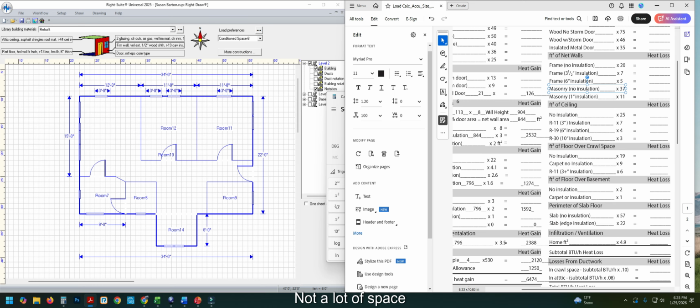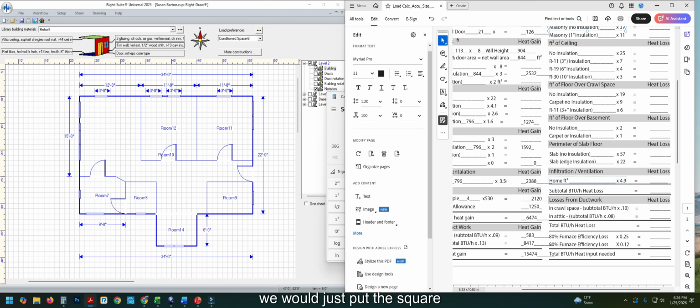Not a lot of space, not meant really for storage, it's more for mechanical means. And then a basement, I'm sure everybody's aware what a basement is. You have stairs that lead you down there. You may have your washer, your dryer, your mechanical equipment, and so forth. So we can use these different values depending on what type of home you have. You would choose either floor over crawl space, floor over basement, or a perimeter slab floor.